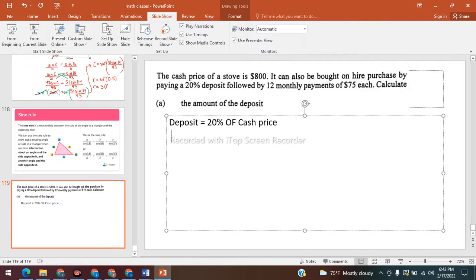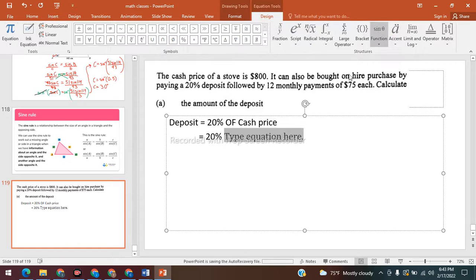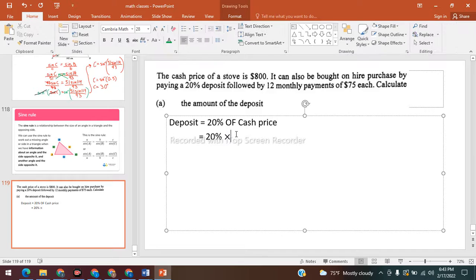So what is 20% of the cash price? Remember, of means multiplied. So 20% multiplied by 800. 160.